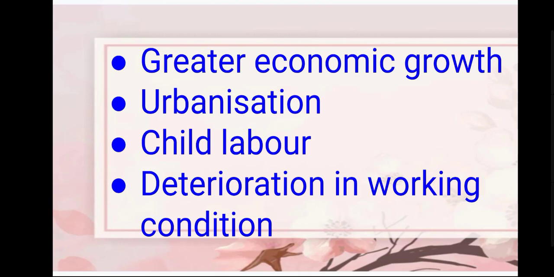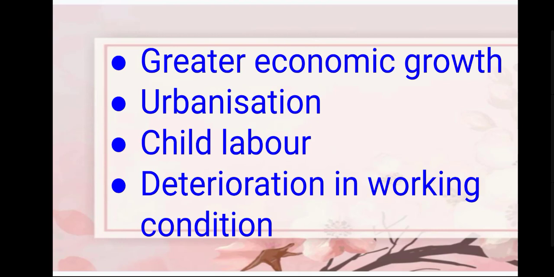It also led to a deterioration in the working conditions of factory workers in Britain, as factory owners only cared about maximizing profit and not about improving the working conditions of the factory workers.